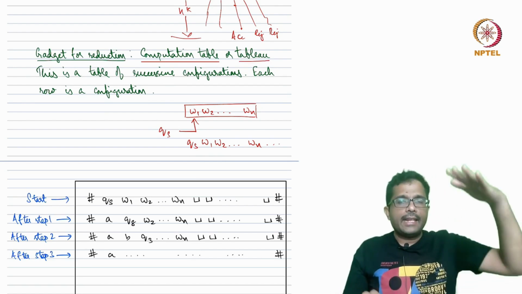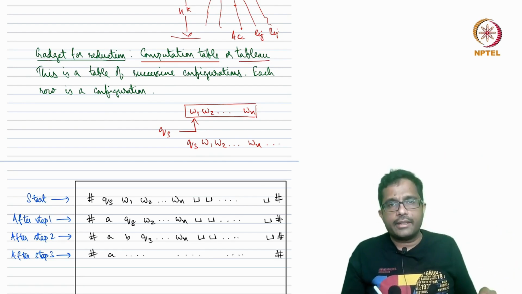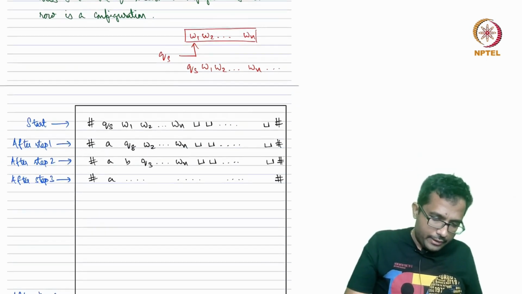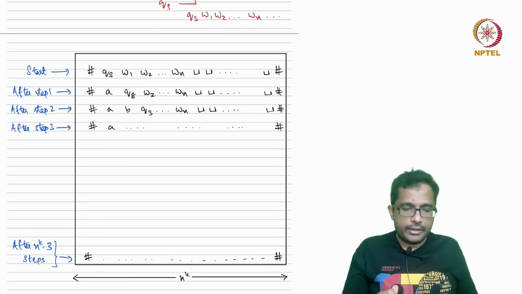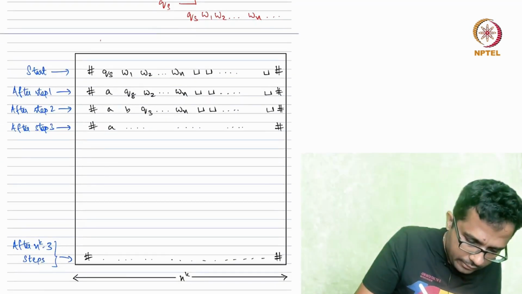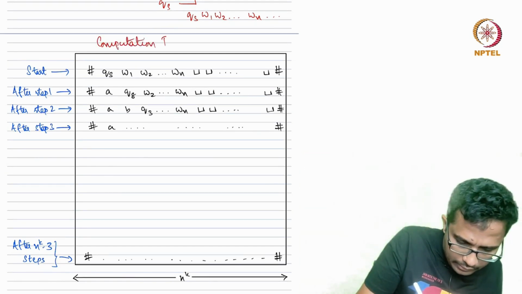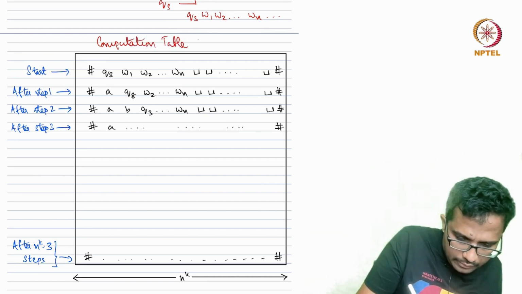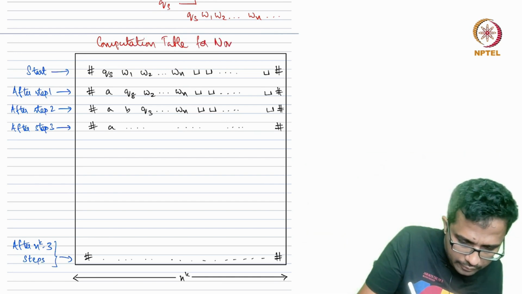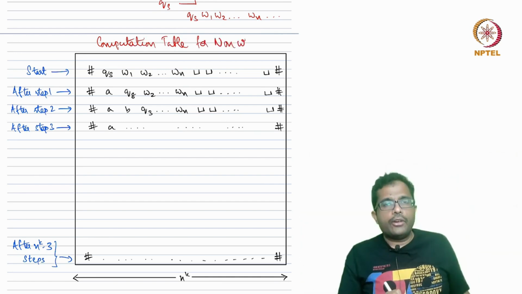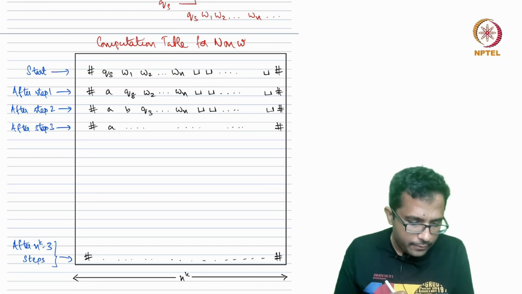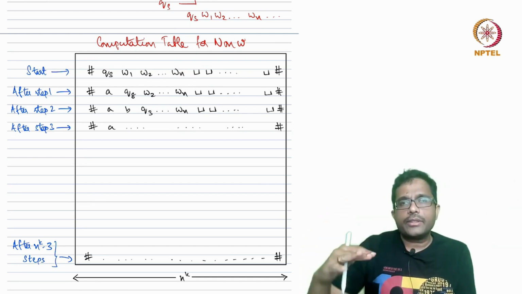Basically, it is just a table listing successive configurations. So I have written down here, this is the computation table, for N on W, right? So it's basically each row is a configuration.